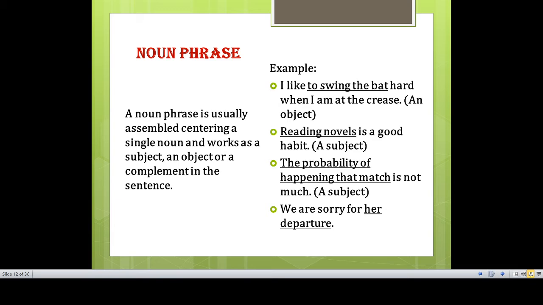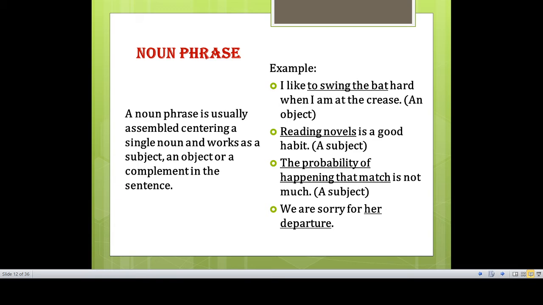A noun phrase is usually assembled centering a single noun, and works as an object or a subject or a complement in the sentence. Complement means it's an attachment. It's something which compensates or which is added on as an extra, as an add-on.